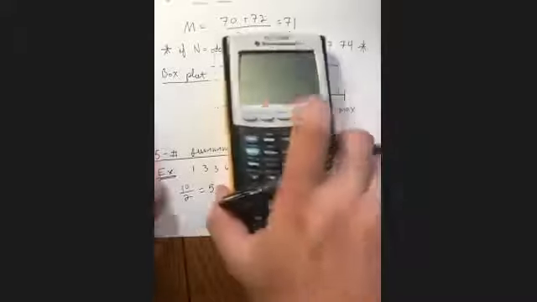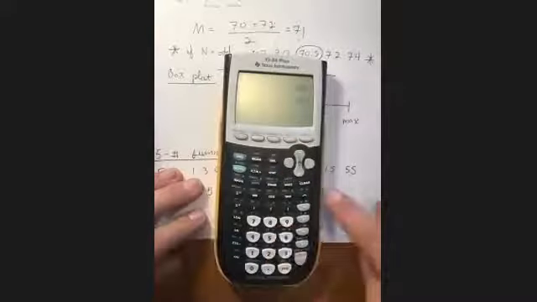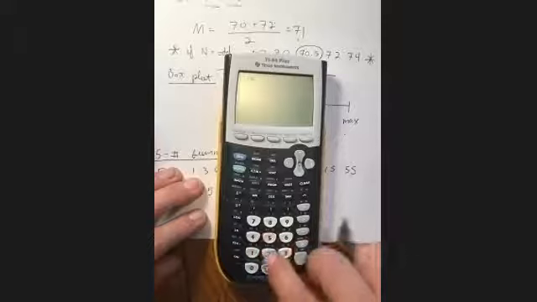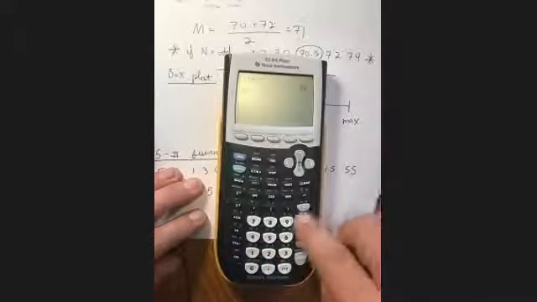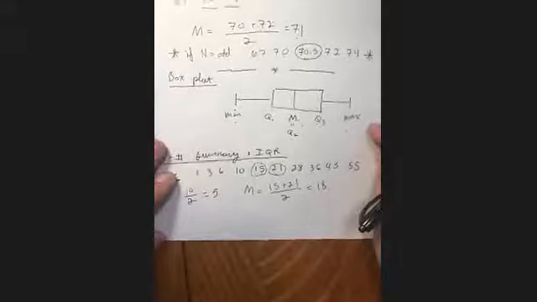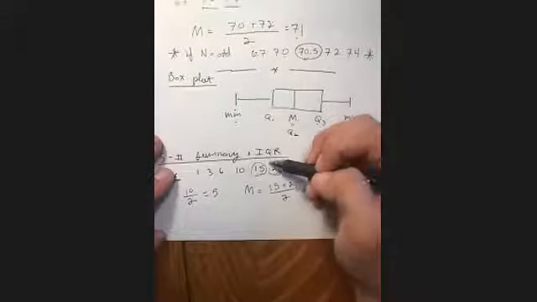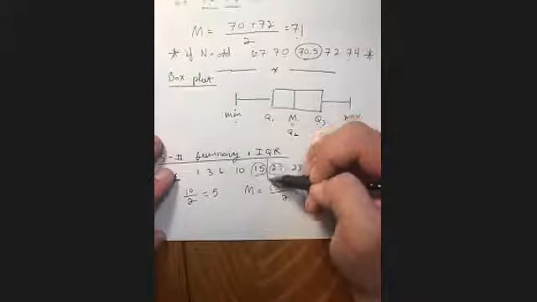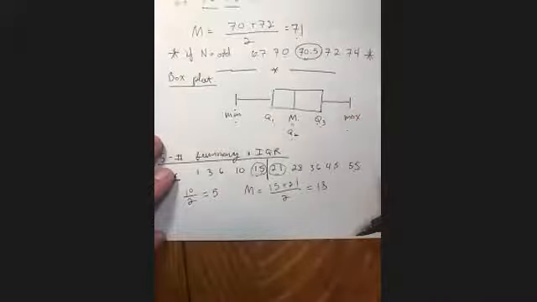So 15 plus 21 divided by 2. 15 plus 21, divide that number by 2, and you get 18. So 18 is the median. So 18 falls right here. It splits the data into two halves.